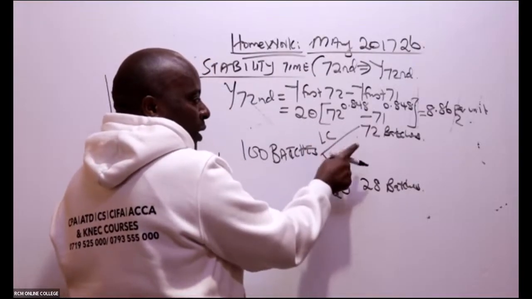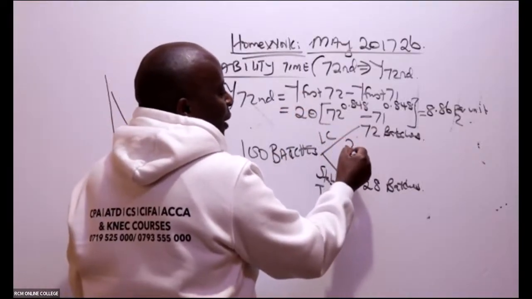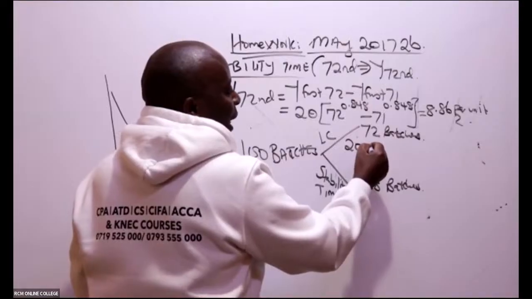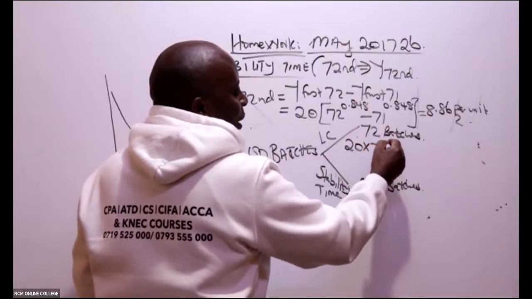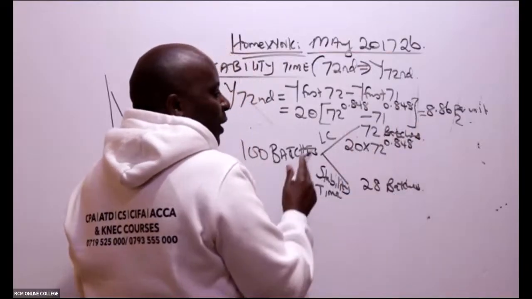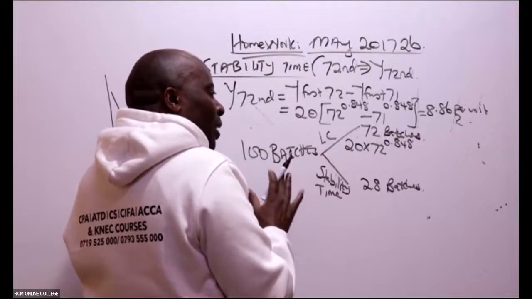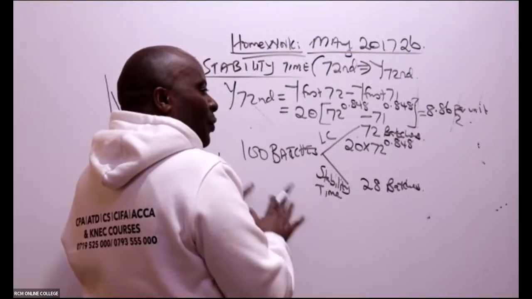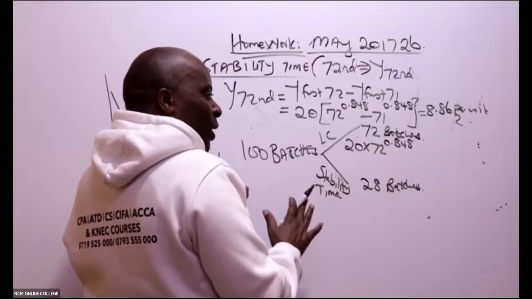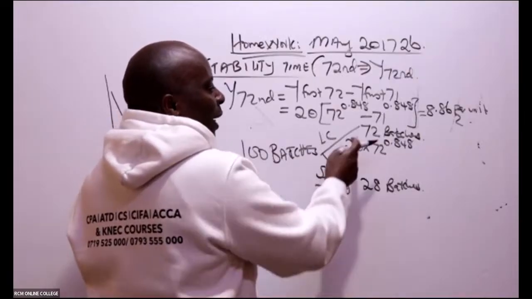For the first 72 batches, we are using the learning curve equation to estimate. Our LC equation is 20 times X, which is 72, raised to 0.848. Where did I get the 28 from?